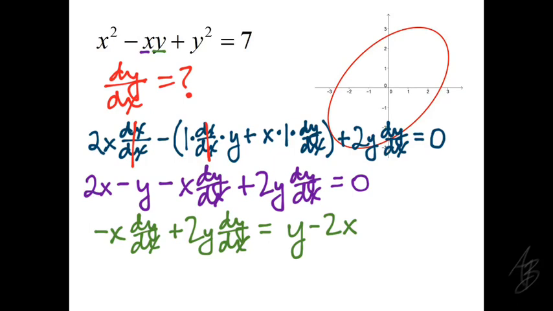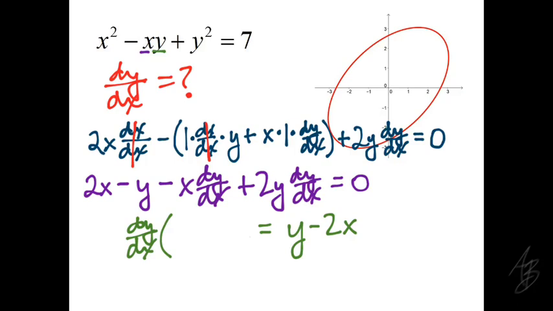At this point, we can factor the dy/dx from both of these terms, and in the interest of space I'm going to do that on this same line here. So had we done that in that step, we would have dy/dx times the quantity negative x plus 2y. And just for cleanliness, we might write this expression as 2y minus x if we wanted to.